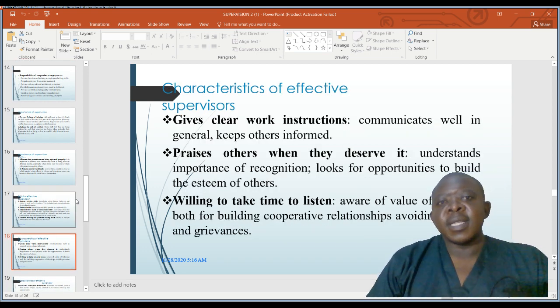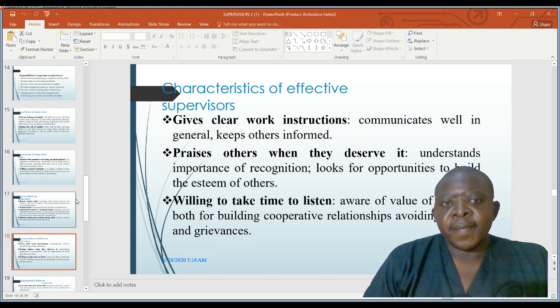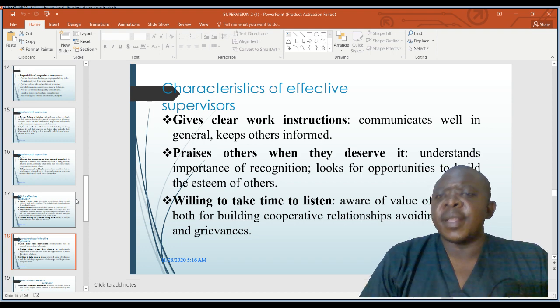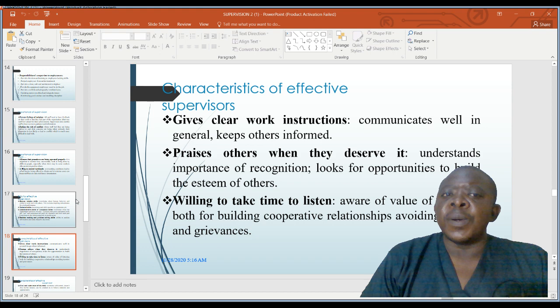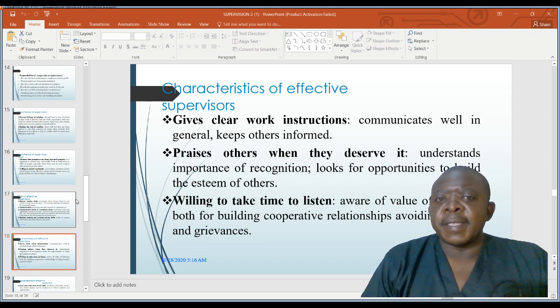Let us now look at characteristics of effective supervisors. Characteristics include giving clear work instruction. That is, communicates well in general and keeps others informed. The other characteristic of an effective supervisor is praises others when they deserve it.